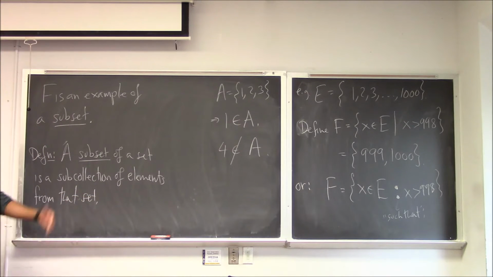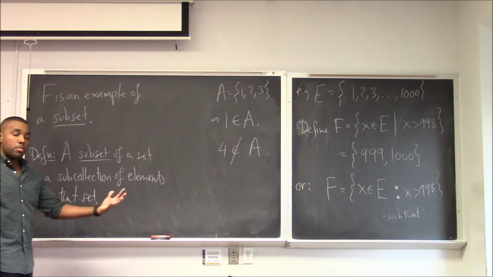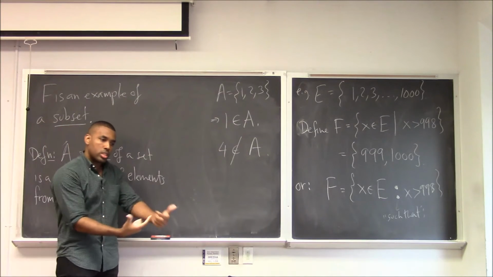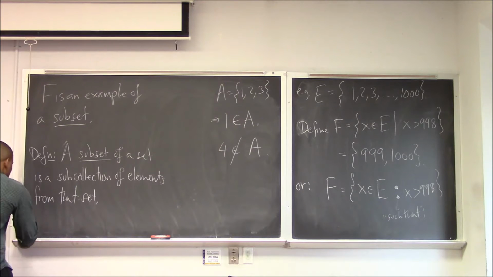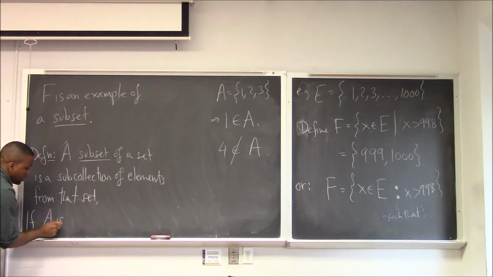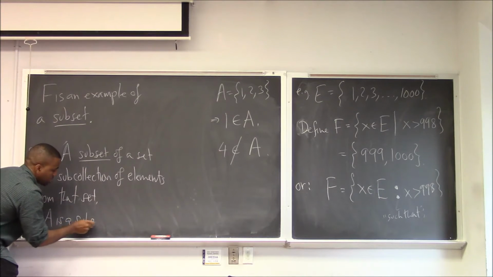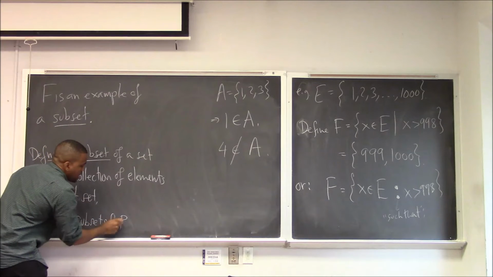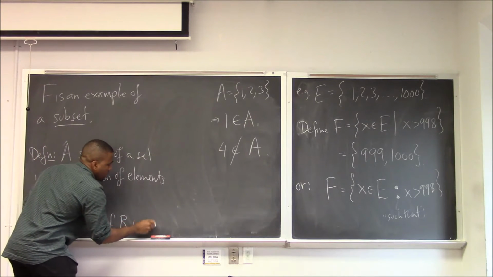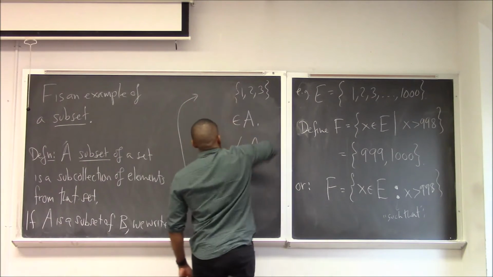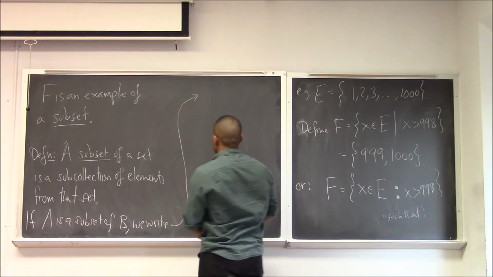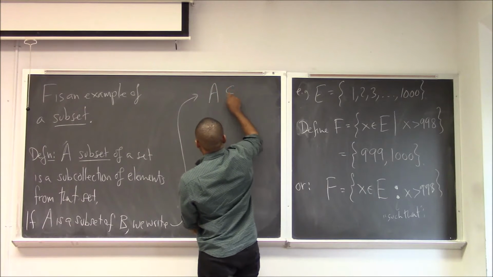So you can have a collection of things, but sometimes you don't care about that entire thing. You just care about some kind of sub-collection of that thing. If A is a subset of B, we write this symbol.